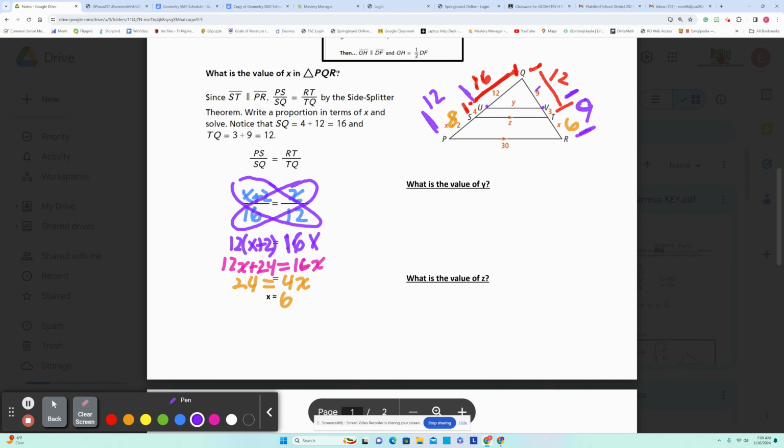So in this case, we can apply the triangle mid-segment theorem. That theorem is pretty much telling us that this is half of this. So we would just take y equals 1/2 of PR.